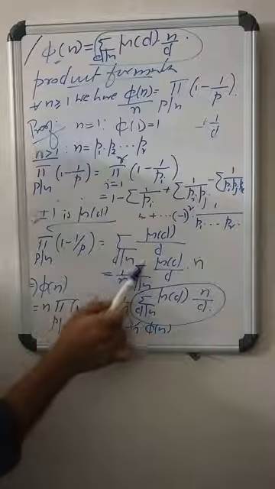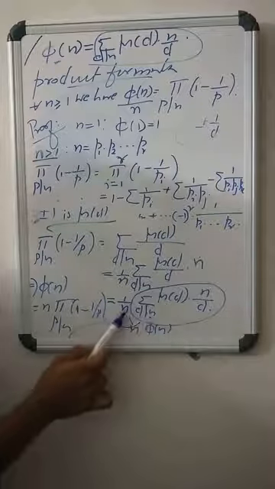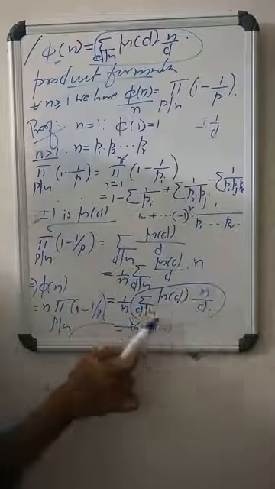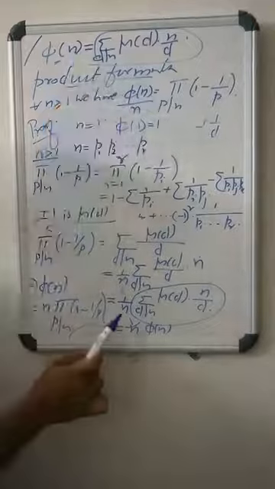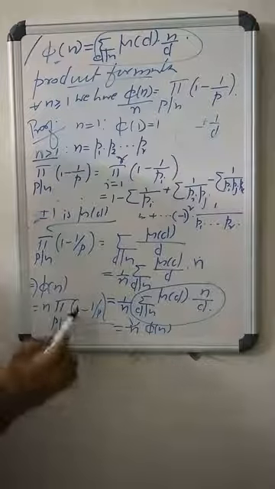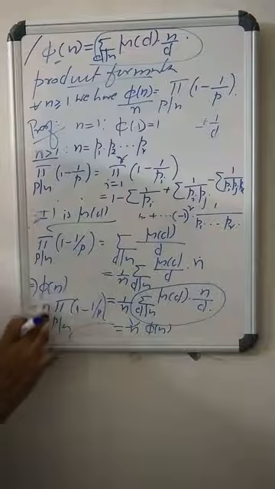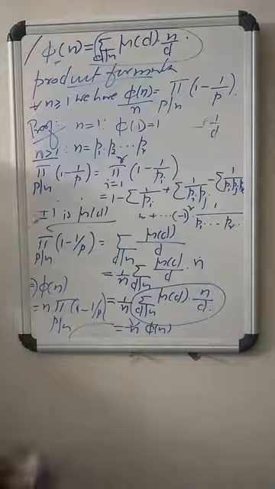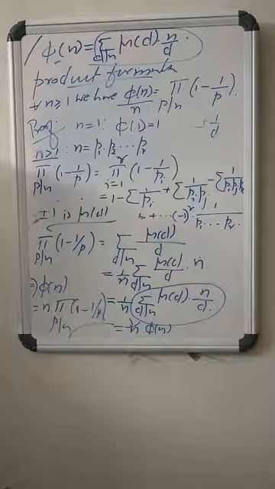It is 1 by n into the sum of mu of d by d into n, rearranged as 1 by n into the sum of mu of d into n by d. But that sum is nothing but phi of n, so it is 1 by n into phi of n. So the product over p dividing n of 1 minus 1 by p equals phi of n by n. That is the requirement. Agree?